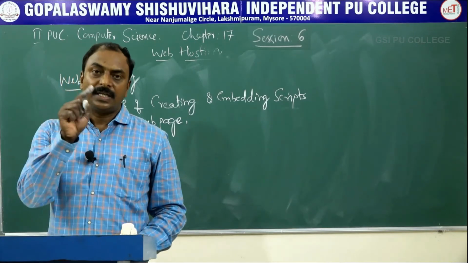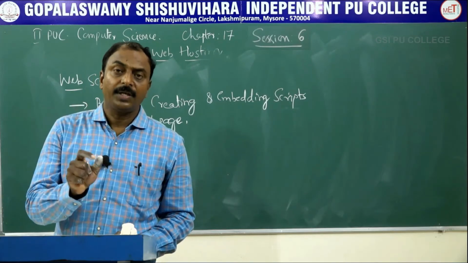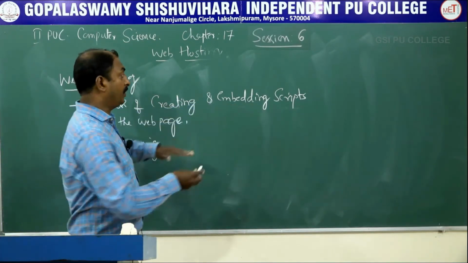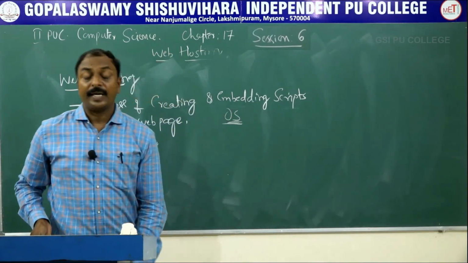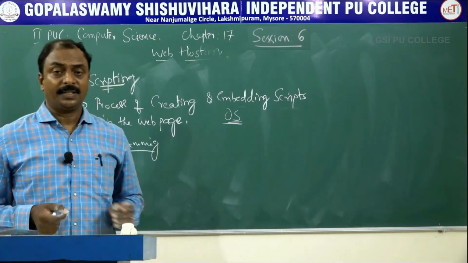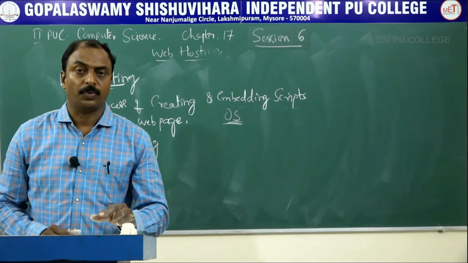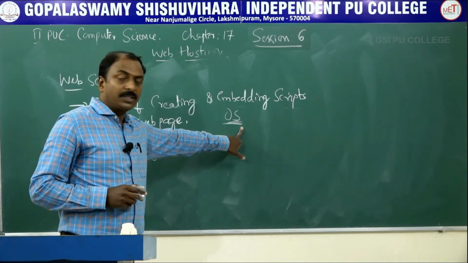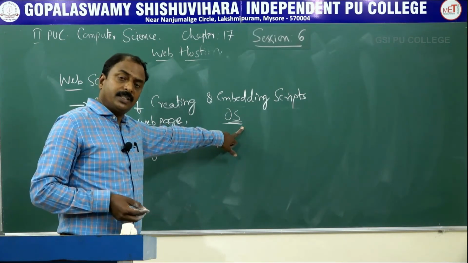So that CALC, a calculator, is one program which is embedded in your computer system, in your operating system, isn't it? So that is the meaning of the word embedded, or embedding: additional features or additional small programs which are available along with the operating system of your computer. So this is your embedding system.